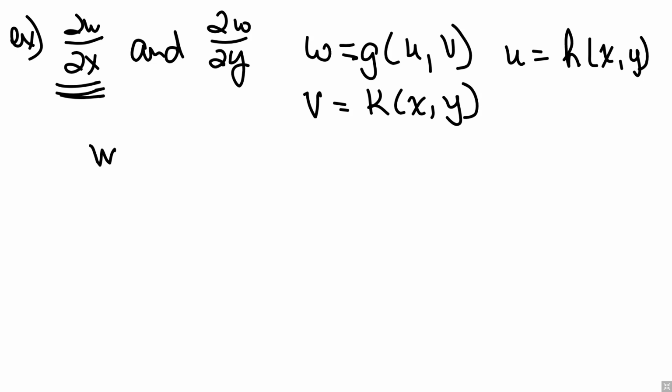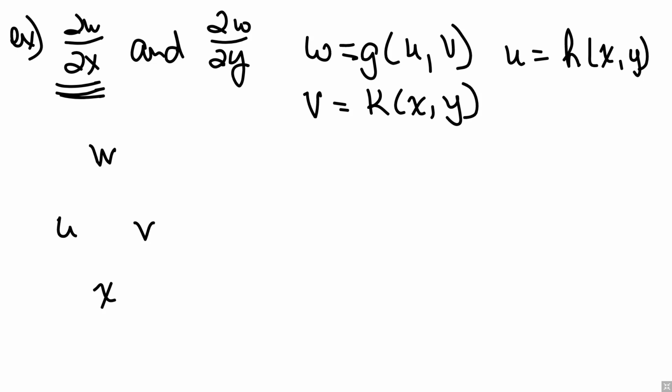It's just going to be u and v. And then what variable goes at the bottom? It's going to be x, because that's the variable you're taking the derivative with respect to.